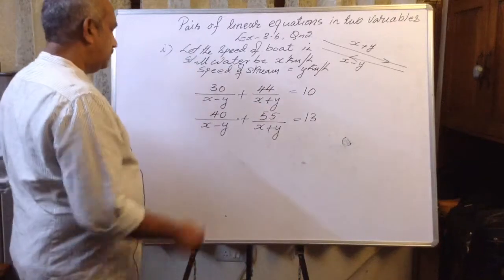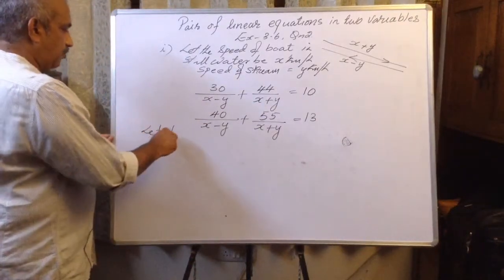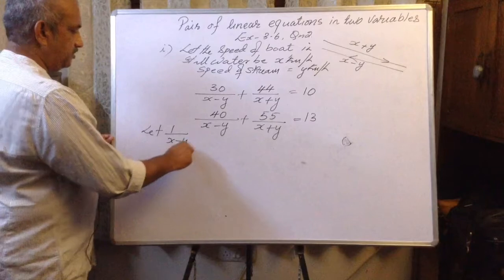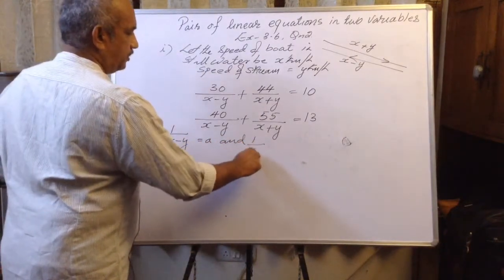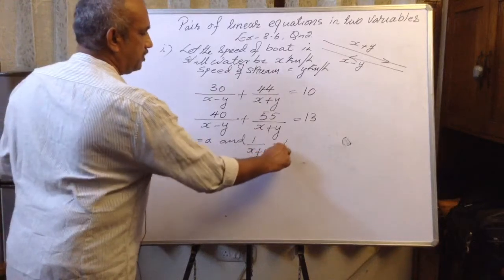First we have to assume let 1 upon x minus y is equal to a and 1 upon x plus y is equal to b.